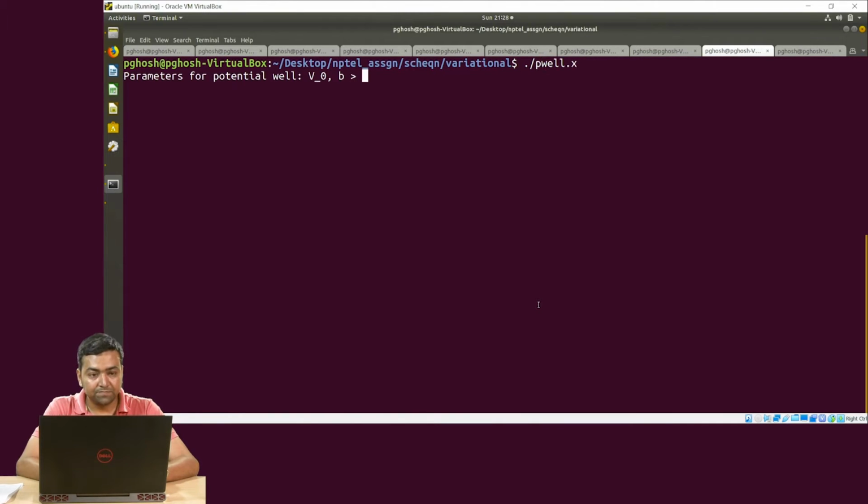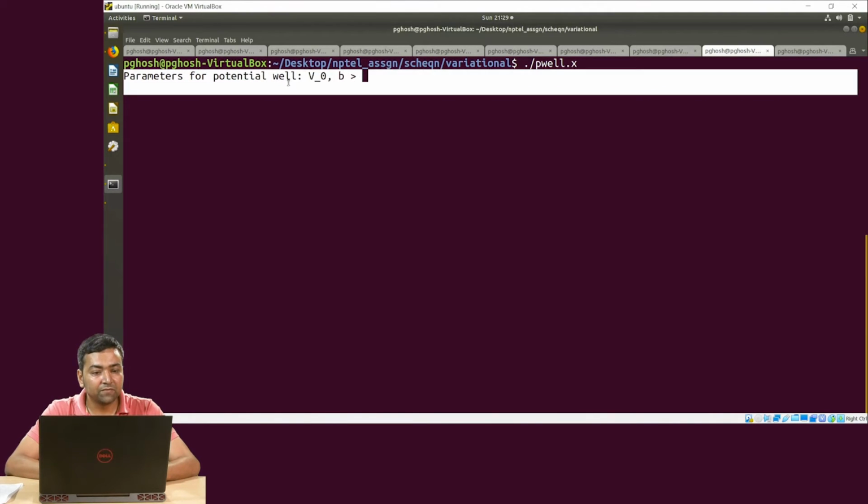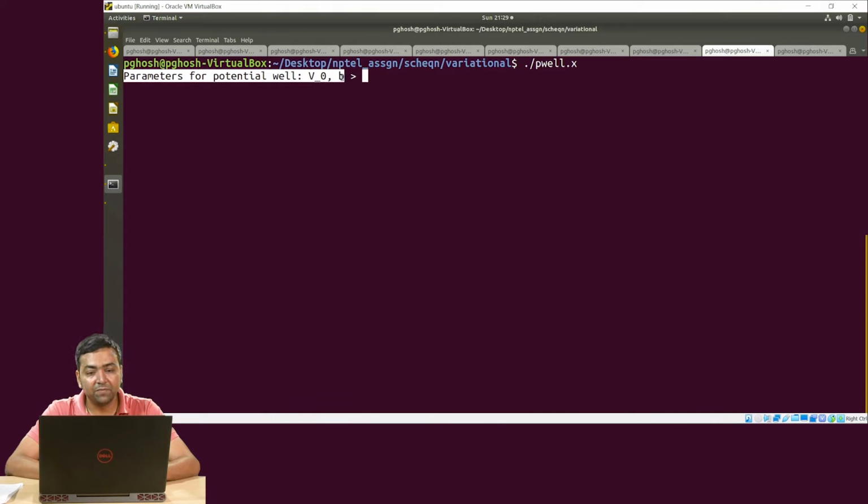If I run it, first of all it asks me for the parameters for this potential well, that is V0 and b. Let me choose V0 to be 1 and b to be 2. So, the depth of my potential is -1 and the width is 2.